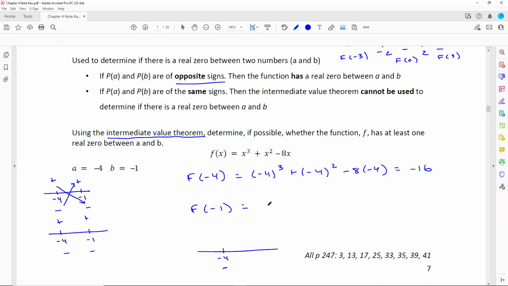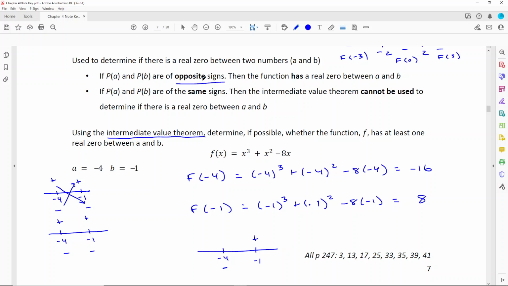Now we're going to plug in x is negative 1. So negative 1 cubed plus negative 1 squared minus 8 times negative 1 gives me negative 1 plus 1 plus 8, which is 8. So at x is negative 1, my y value came out positive.